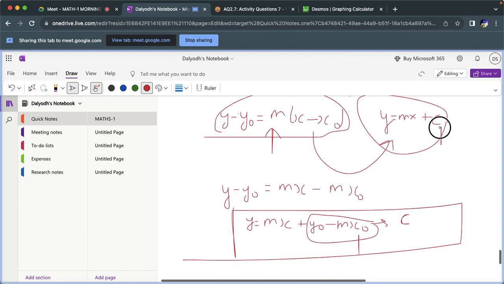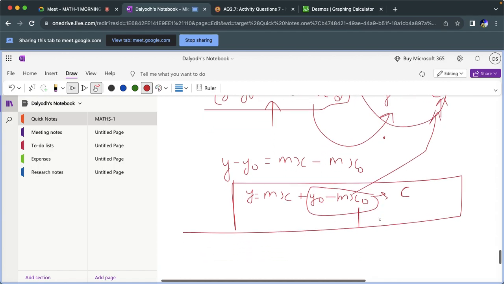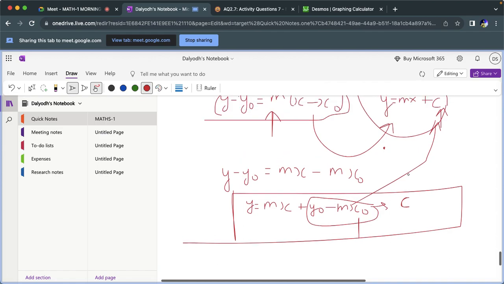Just consider c as a constant, the y-intercept, where the line cuts the y-axis. So y naught minus mx naught equals c, and you can also represent it as y equals mx plus c. So this must be satisfied.